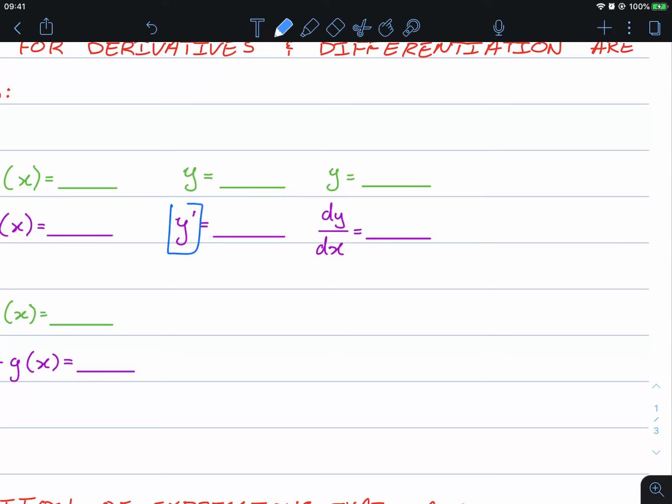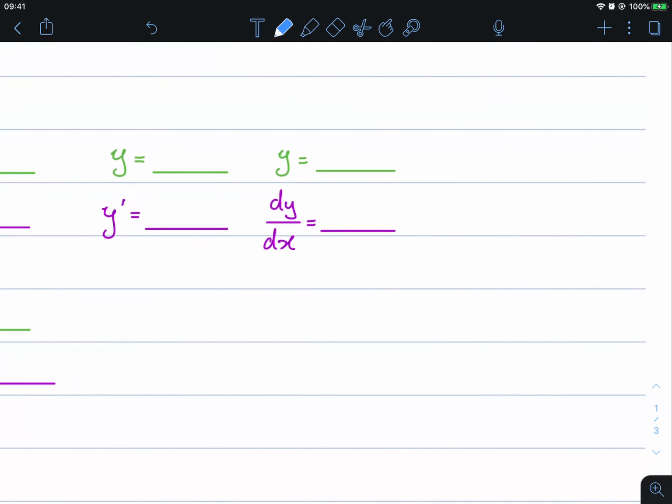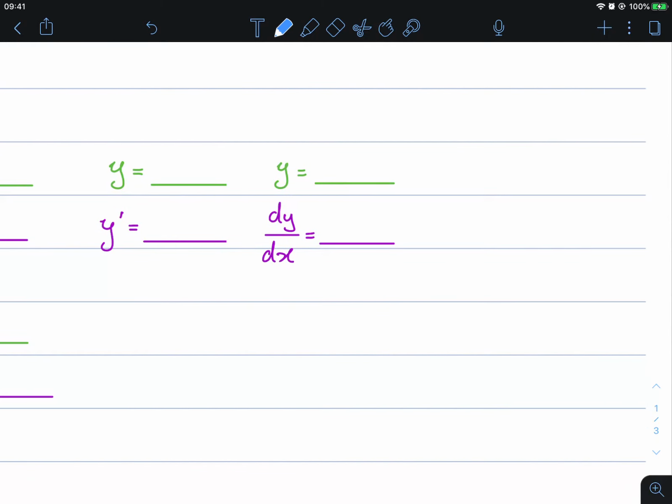It's nice and simple, just y prime. However, this one's slightly different. This here means differentiate y with respect to x. You'll see what this means in a moment. And again, clarifying, moving from the expression or the function to the derivative is the act of differentiation.